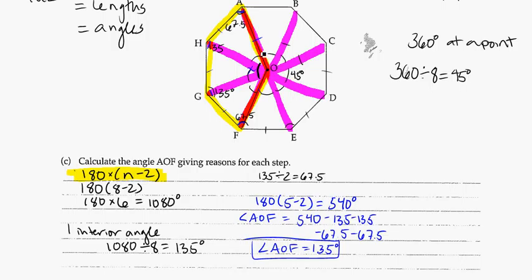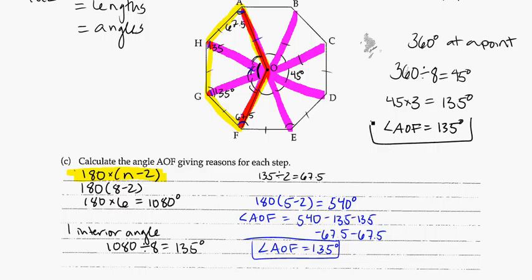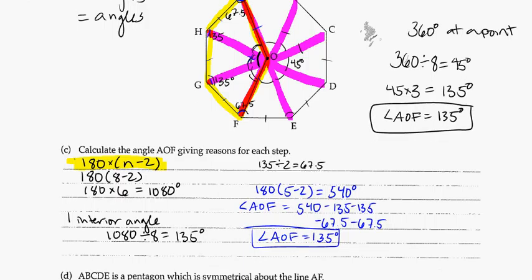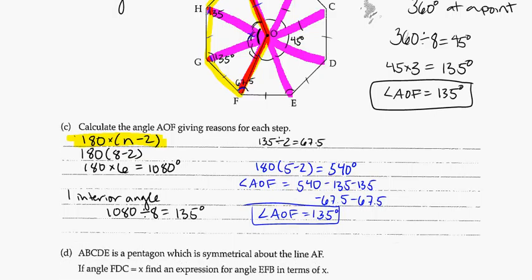And how many of them make up the angle AOF that we're looking for here? There's 1, 2, and 3 of them. So 45 times 3 gives us 135 degrees. Angle AOF equals 135. Two ways to solve the problem, just depending on which way you see it. Both are correct.